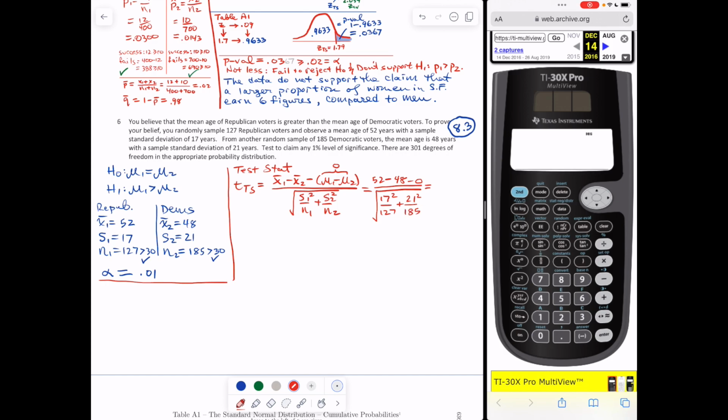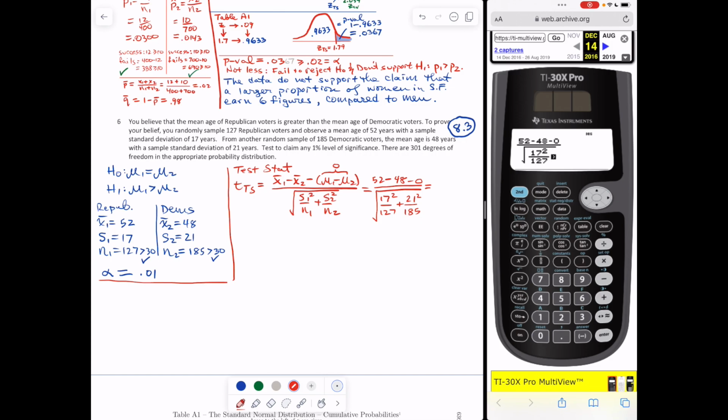Okay, and then we'll just do that on the calculator. Okay, so fraction, 52 minus 48, and I don't need to say minus 0, but there it is. Square root, fraction 17 squared over 127.